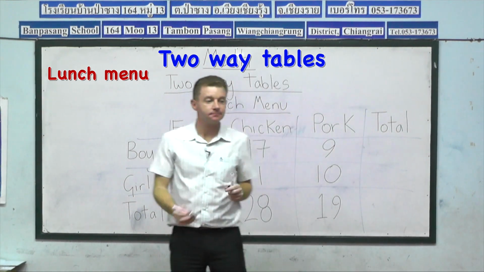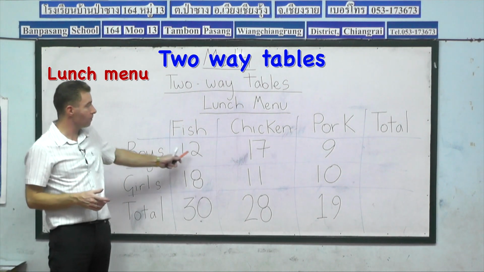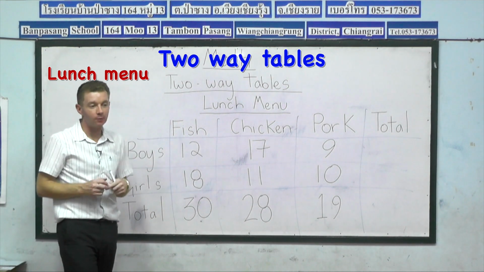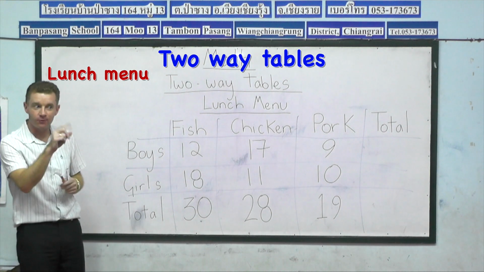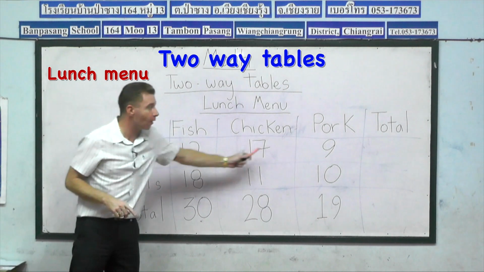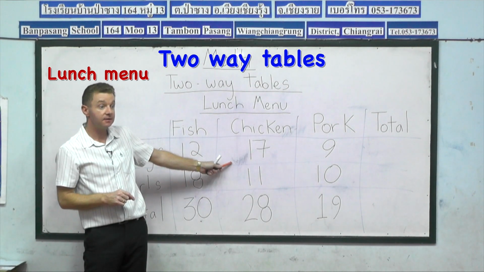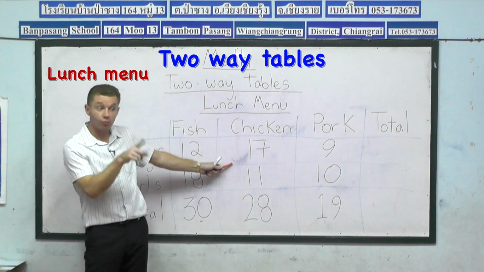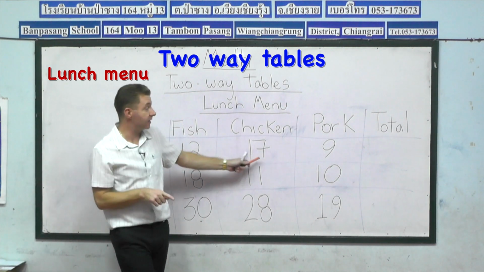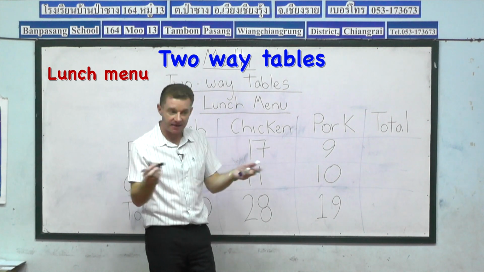But, Lacau, what was the total number of boys who were asked about their food? What we have to do now is we're not reading the numbers going vertically, we're going horizontally. So 12 plus 17 equals 29, and then plus another 9 equals 38, you see?